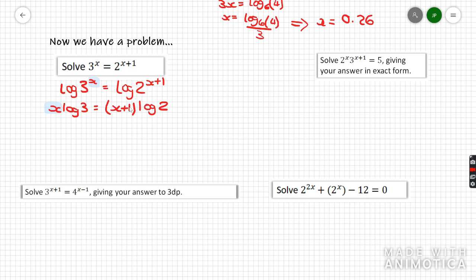If I just sort this side out, so I can expand the brackets out, so I can have x log 3 equals x log 2 plus log 2, so I've just expanded my brackets. Now we should have done this when we were solving equations back in GCSE.